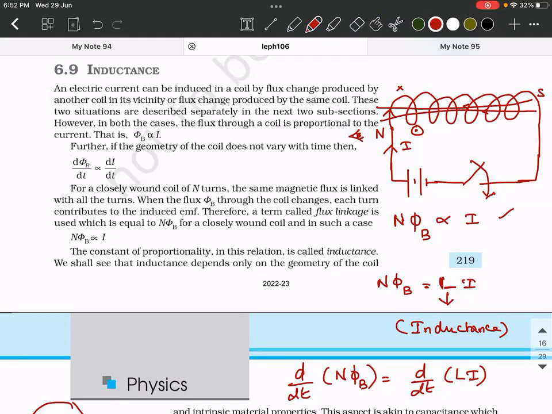I never spoke about induced EMF. I have not yet spoken about induced EMF. I didn't tell you which one is positive polarity and which one is negative polarity.